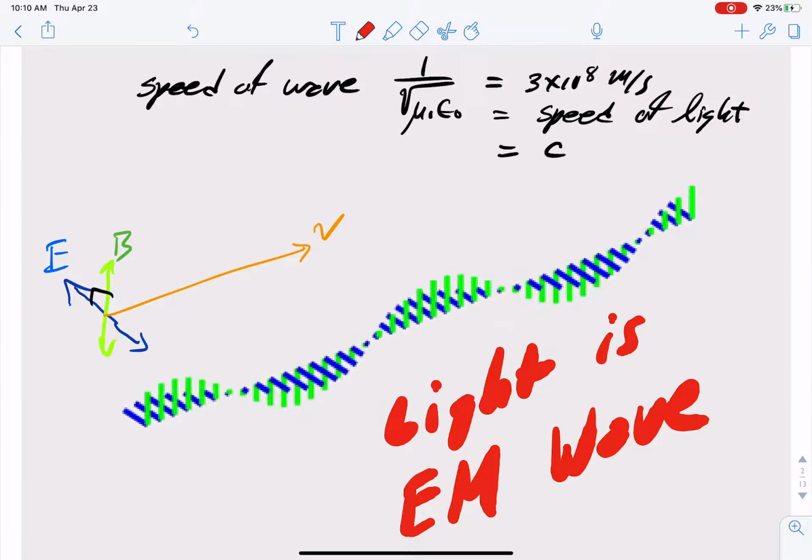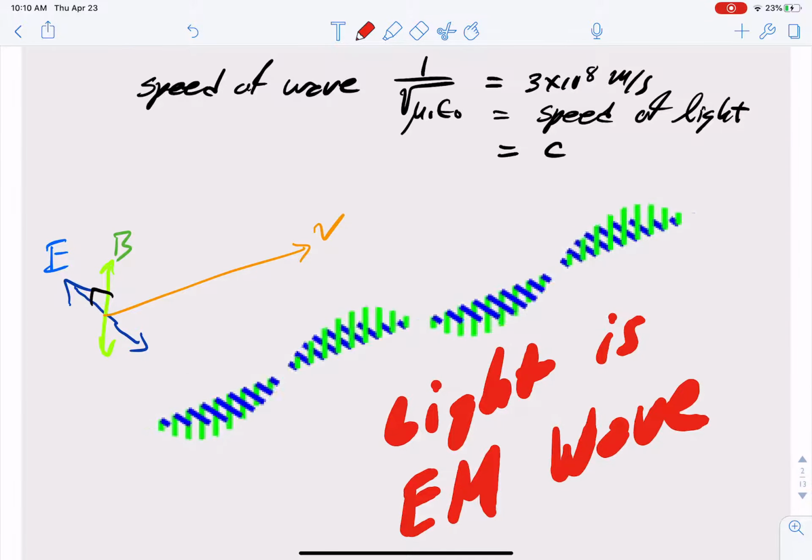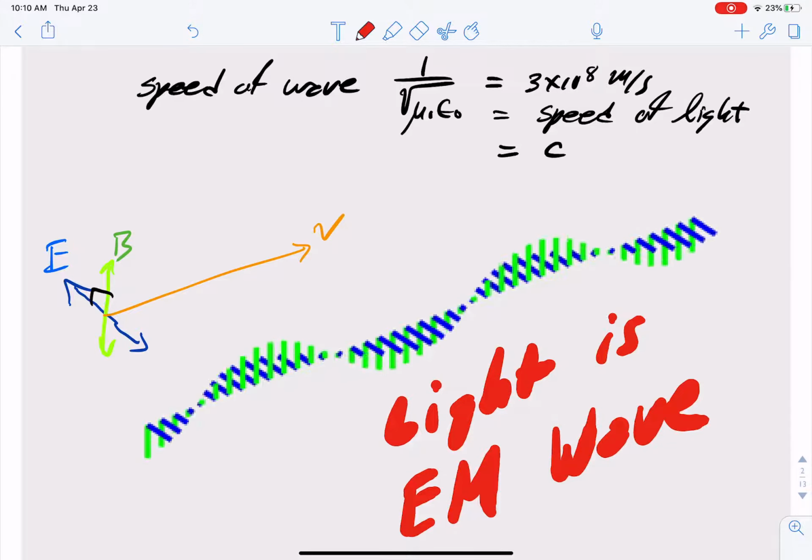So that's probably the main result of this chapter, that light is an electromagnetic wave.